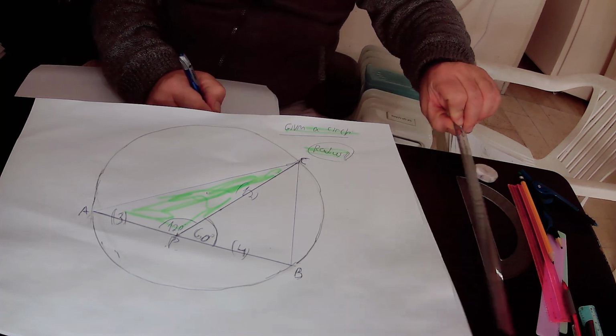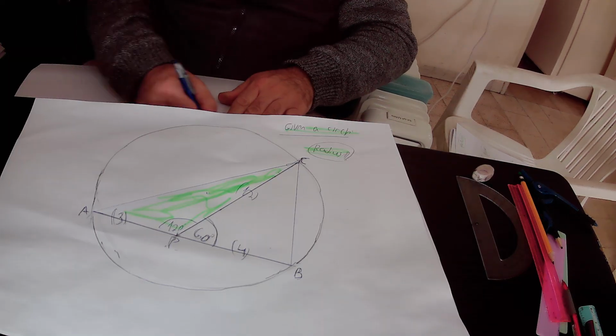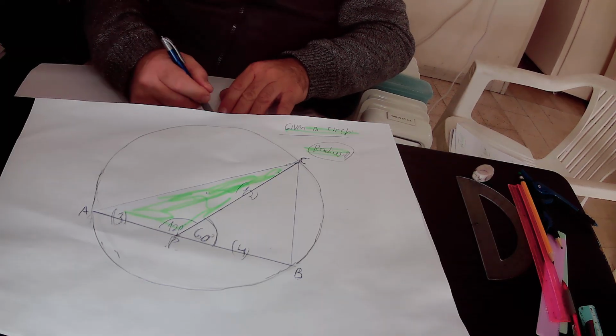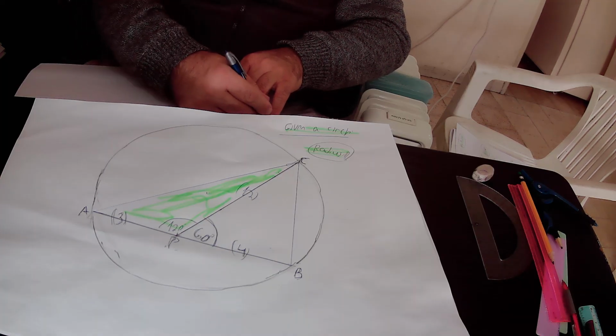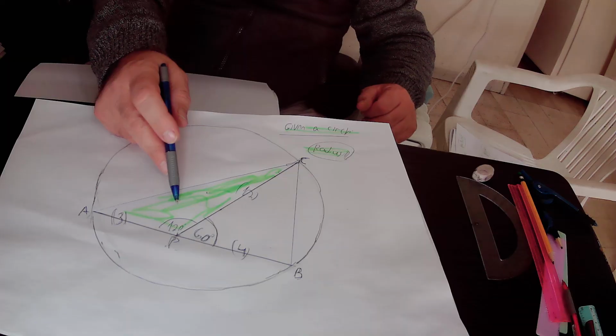According to the law of cosines, in this green triangle CAP, the following equation is true. We take angle theta as angle APC, which equals 120 degrees.